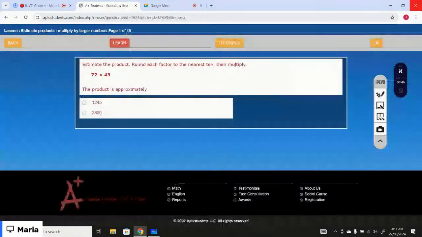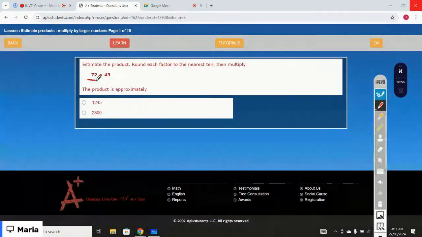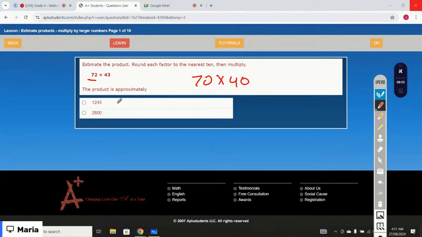Estimate the product 72 times 43. So let's just round them off first, right? 72 is rounded off to which 10? 72 you can round off to 70, and then you have 43. 43 is rounded off to 40, right? 7 times 4 is 28.